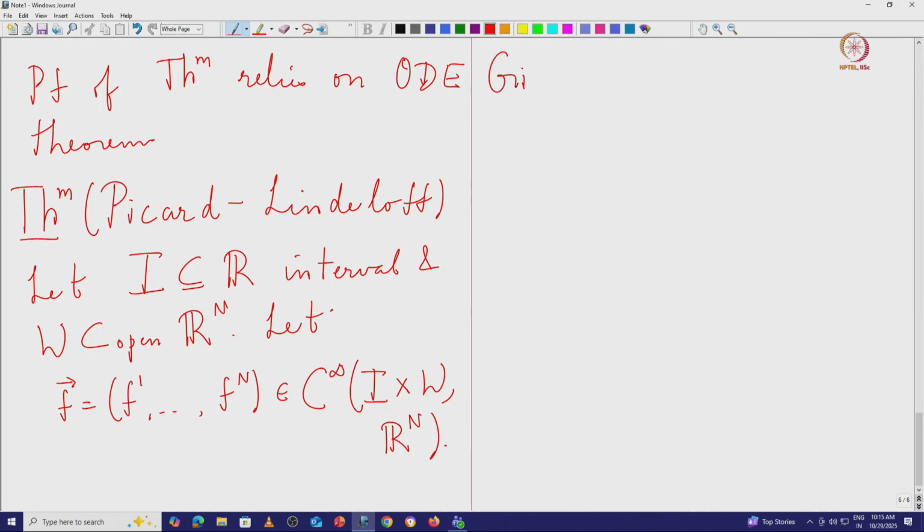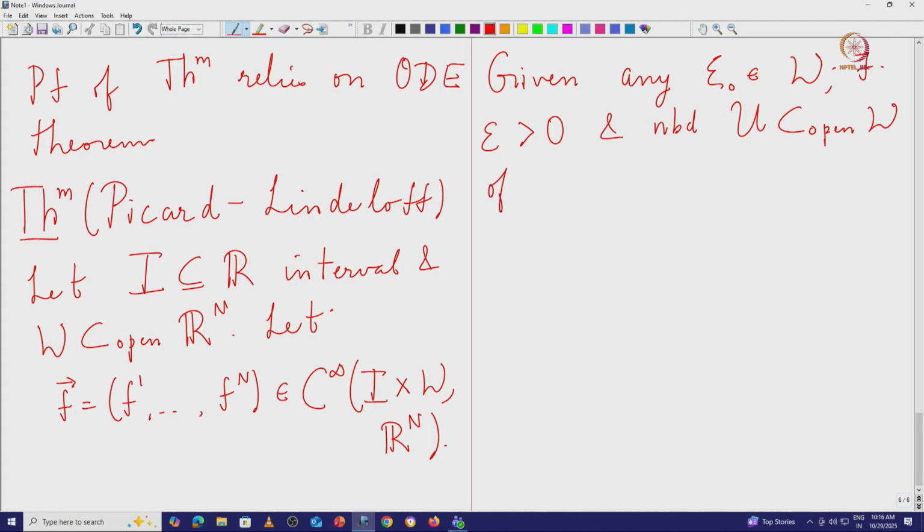So, then given any initial point xi naught in W, there exists an epsilon and a neighborhood U of xi naught such that the following holds.